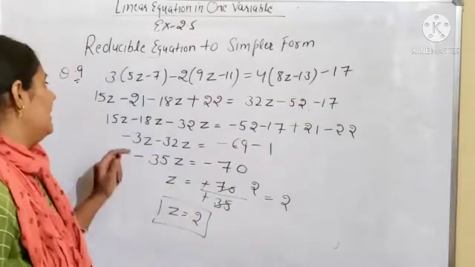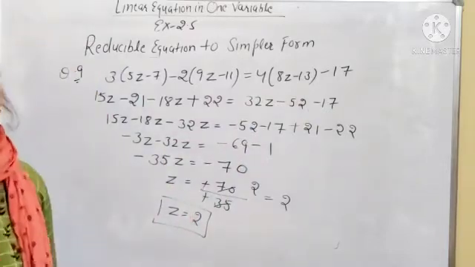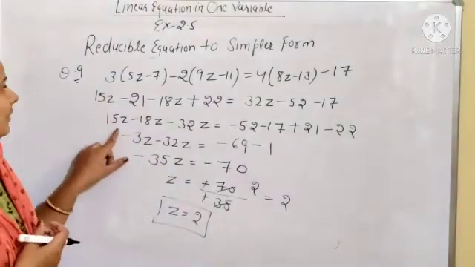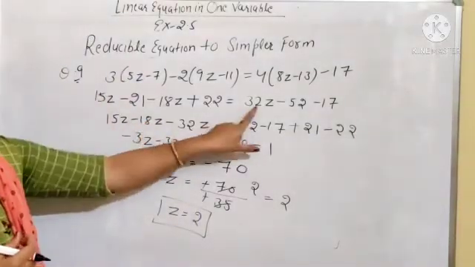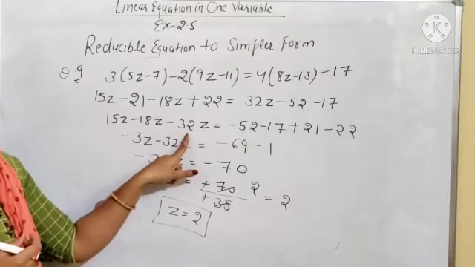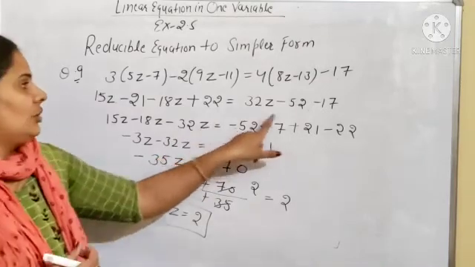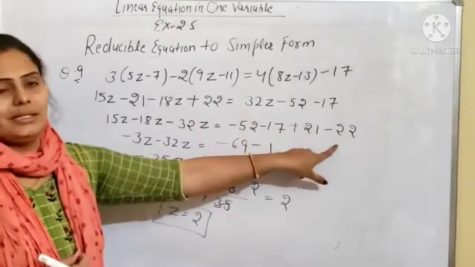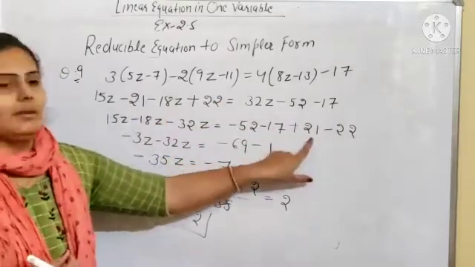Clear? Now next step, what will you do, beta? All the variable you can take one side and constant values other side. So it will be 15z minus 18z minus 32z. If you take it to the left hand side, it will be subtracted, is equal to minus 52 minus 17, and 22 you will take right hand side, so it will be subtracted, and minus it will be positive.